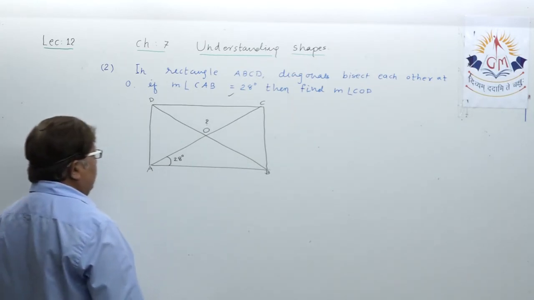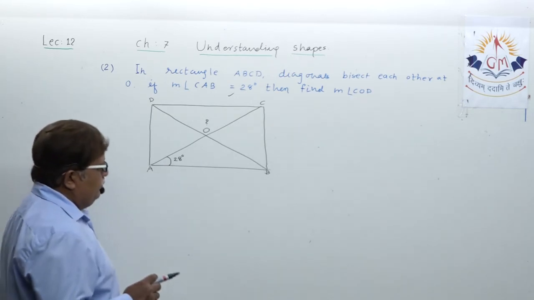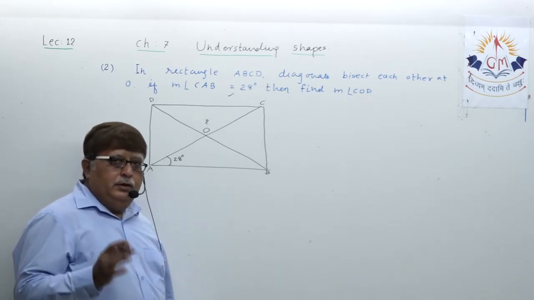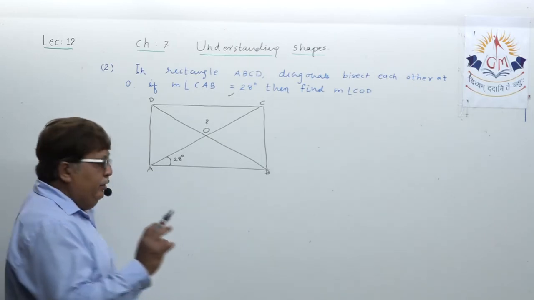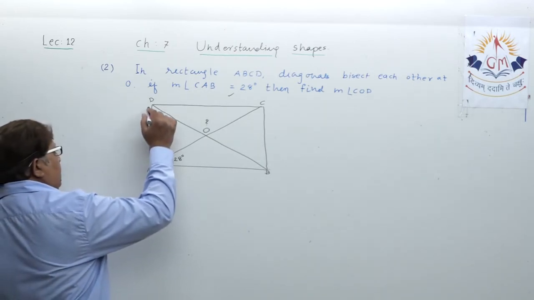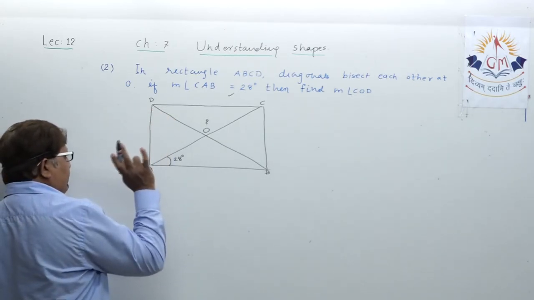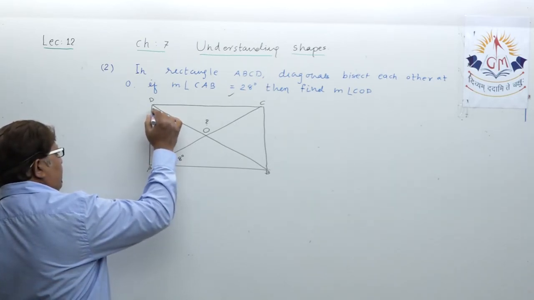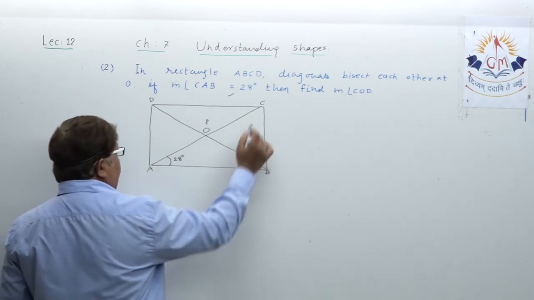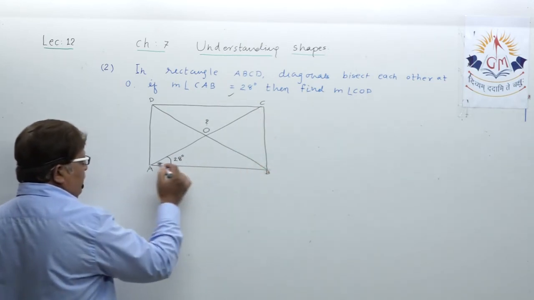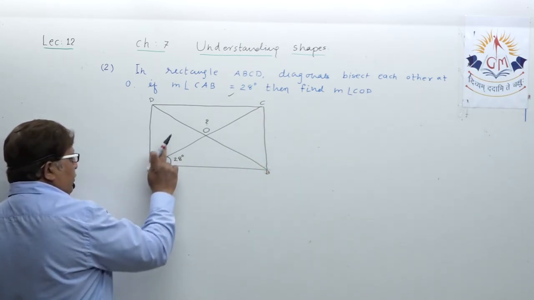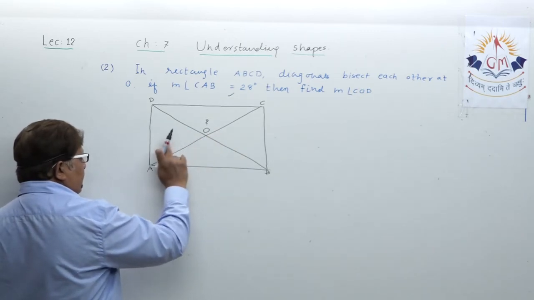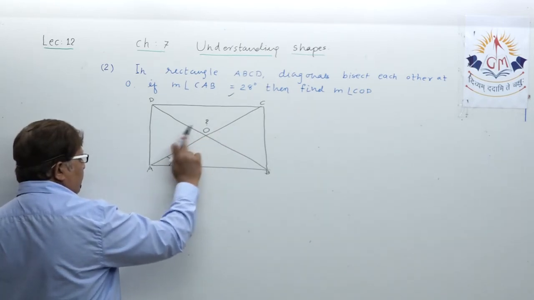Now, if you can remember the theorem you studied, where we have proved these two triangles congruent. Triangle DAB, triangle CBA. You remember this? So these two triangles are already congruent.